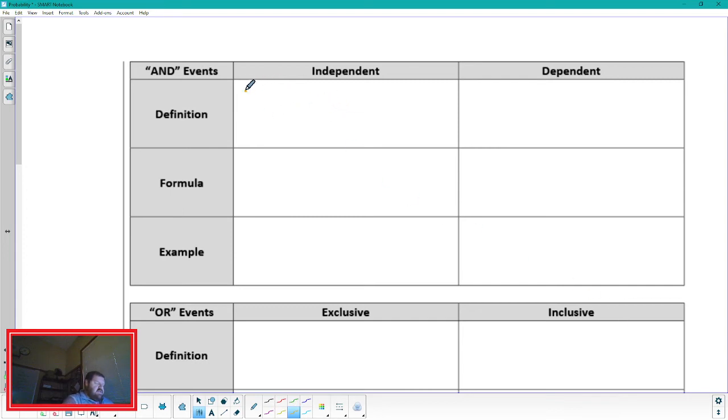Independent events are events that don't affect each other. And dependent events are events that affect each other.